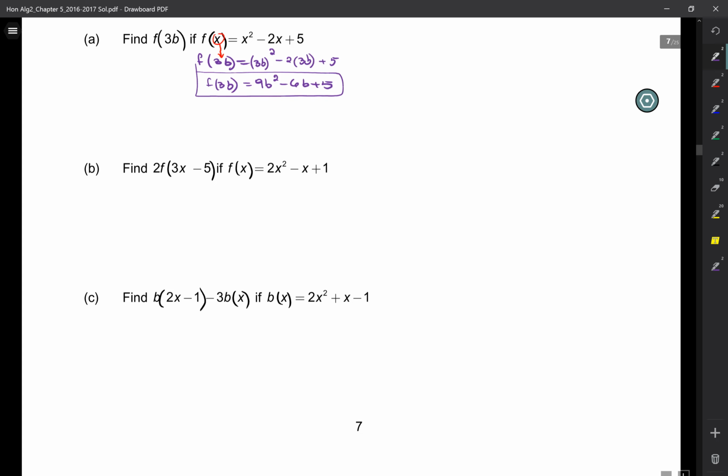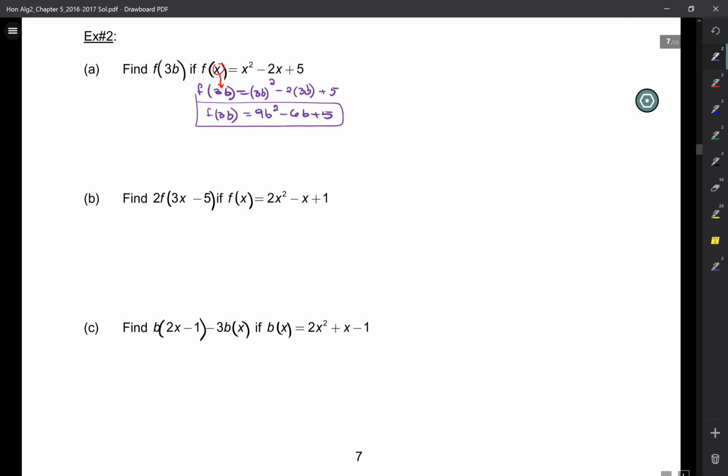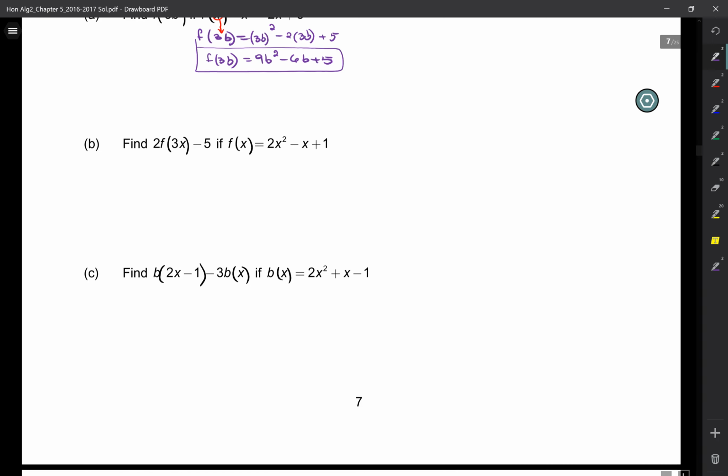Okay, take a look at this. I have two things happening here. It's 2 times f of 3x minus 5. So it's like this: 2 times f of 3x, minus 5. Now I have f of 3x, so let's see what f of 3x is.